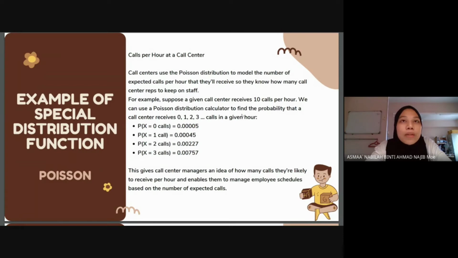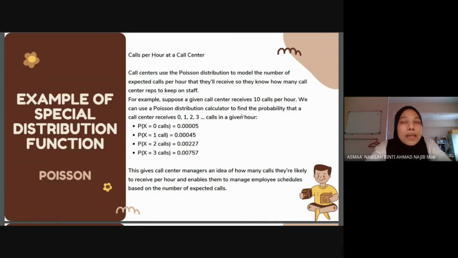If the number of calls is equal to 1, we get 0.00045. If it is equal to 2 calls, we get 0.00227.